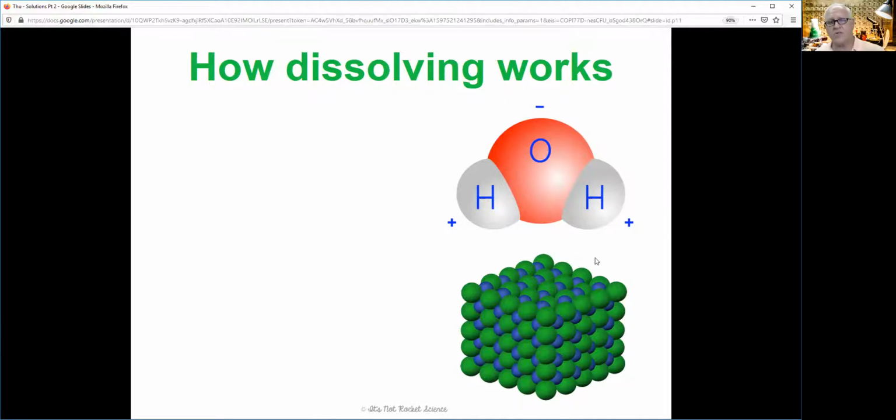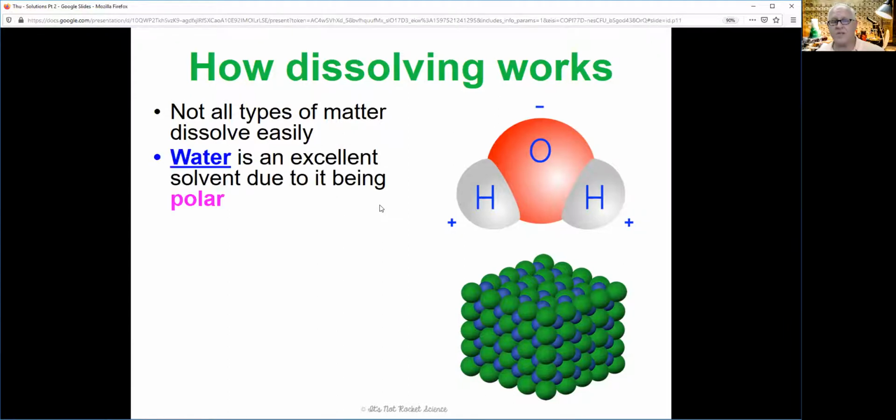This water molecule has a slightly negative charge on the oxygen side and a slightly positive charge on the hydrogen side. Not all types of matter dissolve easily, but water is an excellent solvent due to it being a polar molecule. And polar means that it's oppositely charged at its ends.